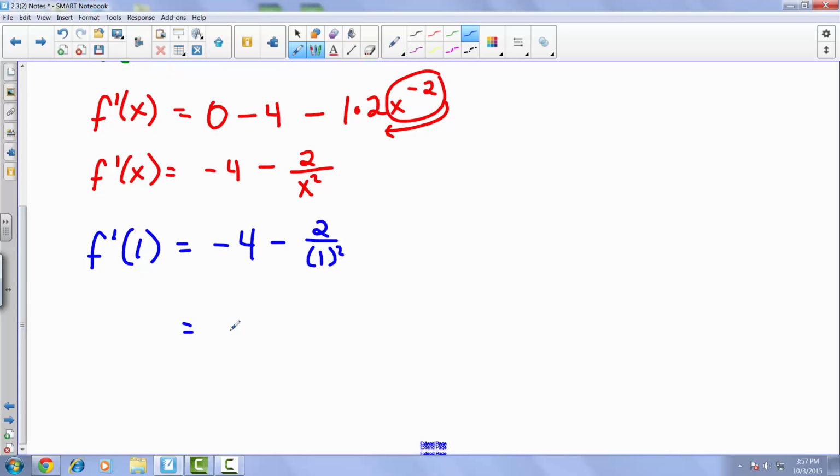Simplifying things further, we see that it comes out to be negative 4 minus 2, which just comes out to be negative 6. So our tangent slope, specifically at 1, comes out to be negative 6.